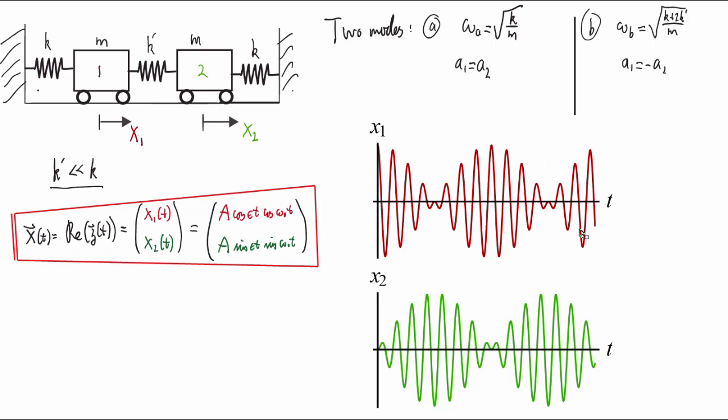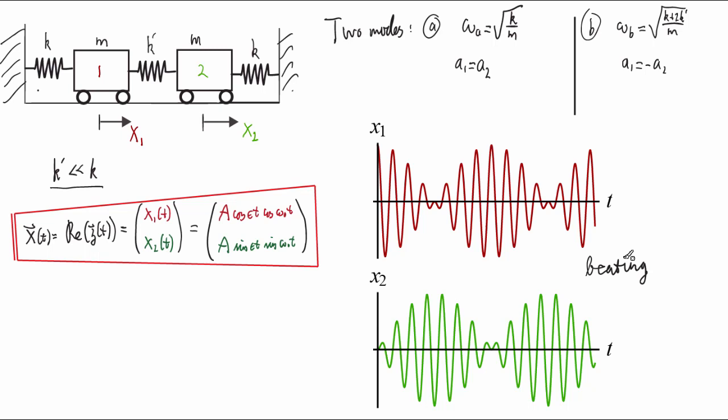This is what the solutions look like plotted. So what we can see happening here is that when we start out, all the motion is only in the first cart, and then it gradually gets transferred into motion in the second cart, and then it gets transferred back again. And this type of behavior is known as beating.